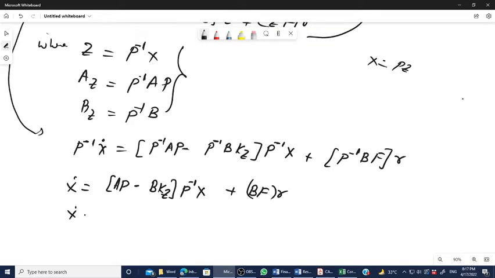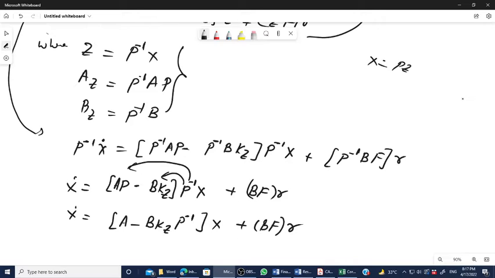And when you solve further, it becomes (A minus BKz P inverse) into x plus BF into r. Just multiply this P inverse to both. So it will come like this, and this value is nothing but the value of K, right?